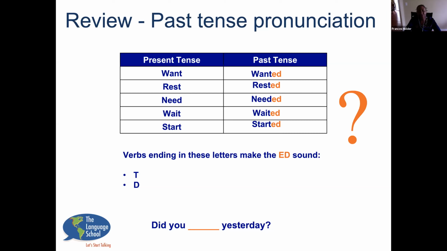And when did you start taking English classes? Online, let's say. When did you start taking English classes online? I started English classes online. I don't know, 2 months ago. 2 months ago. Excellent.